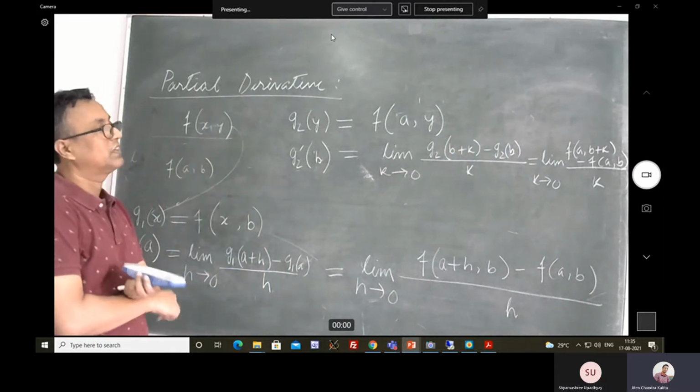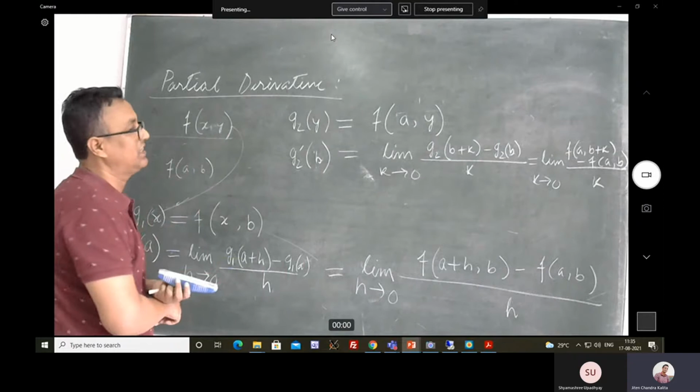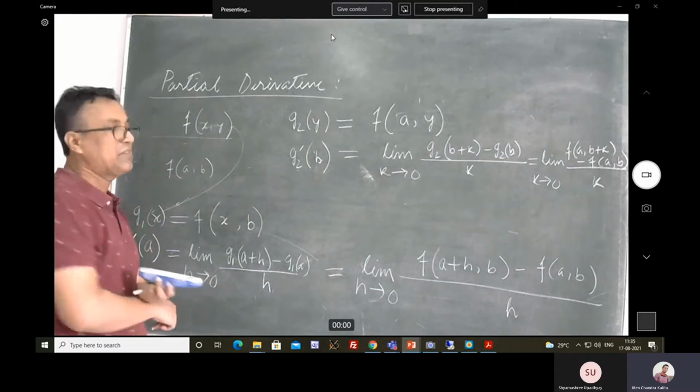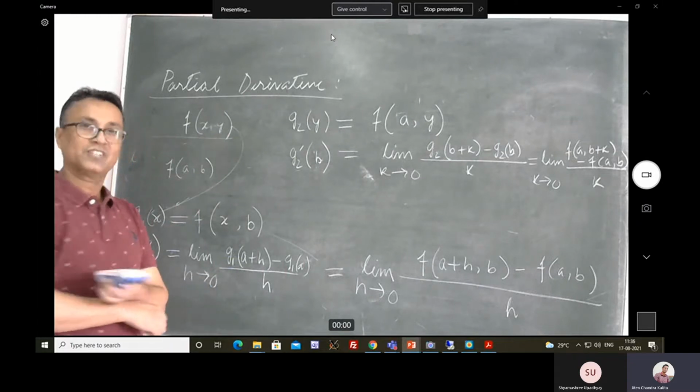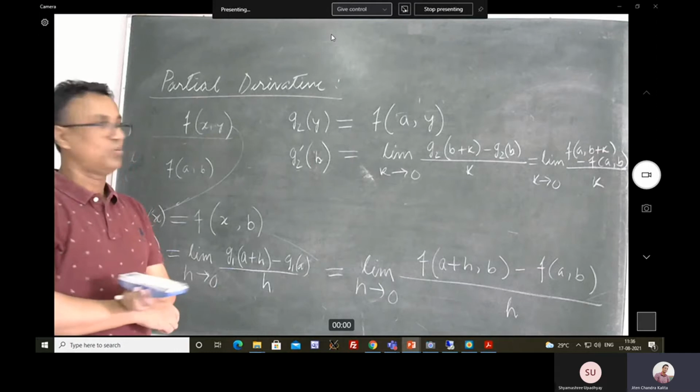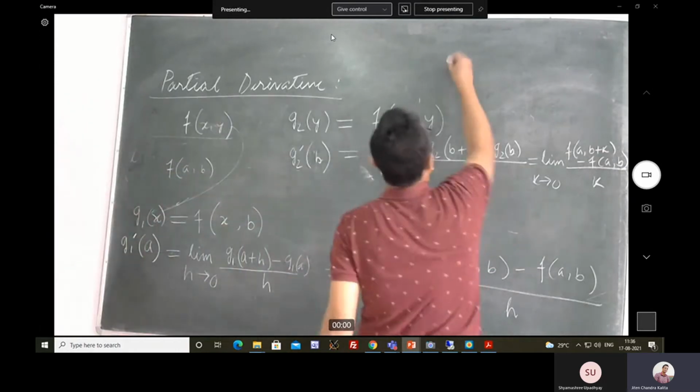So now, what is happening here? Now, if I simply eliminate the role of these functions g1 and g2, we have got two limits.